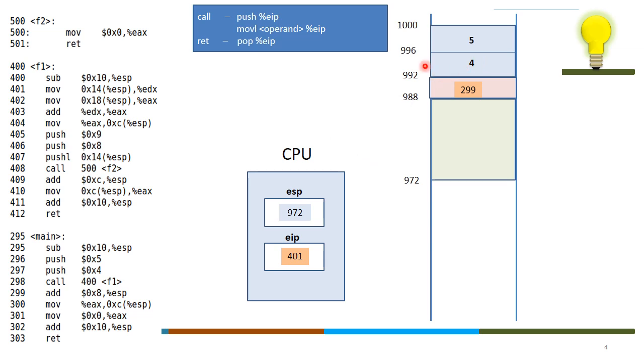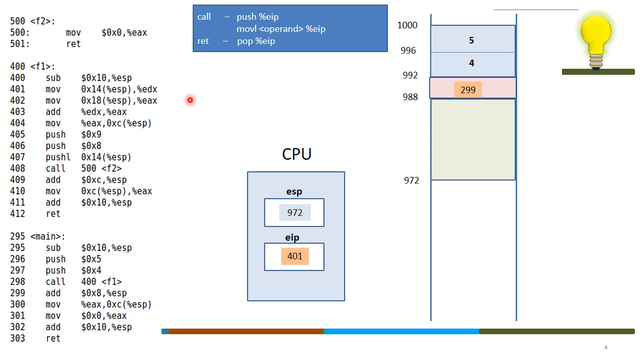This value is moved to EDX. Again, 972 plus 18 in hex is 24, so 972 plus 24 is 996. This value is moved to EAX and addition will take place.